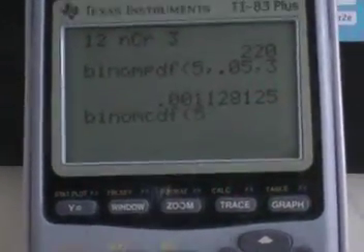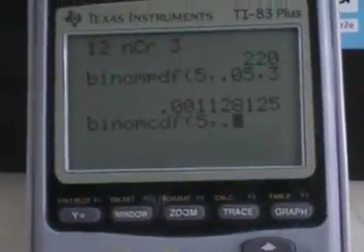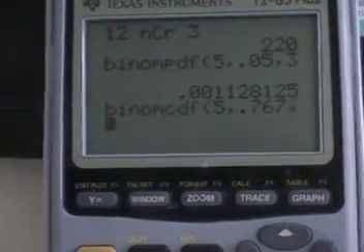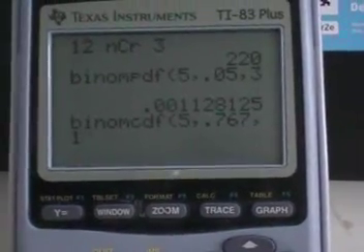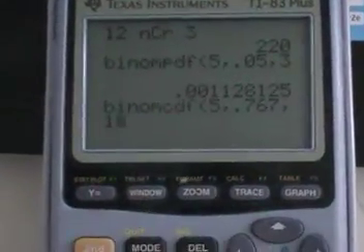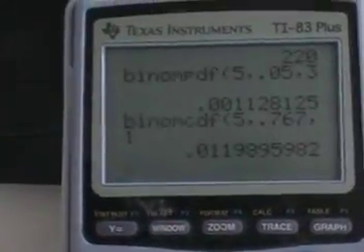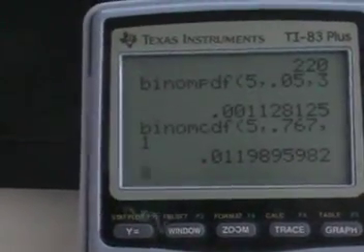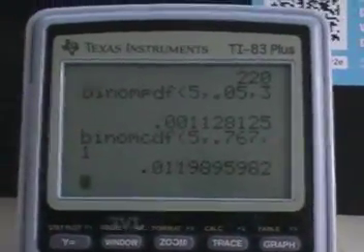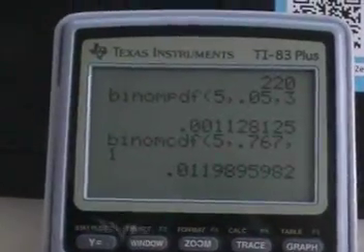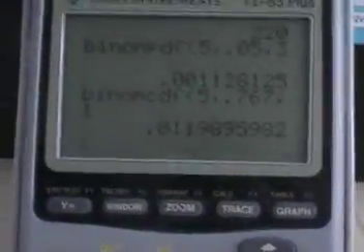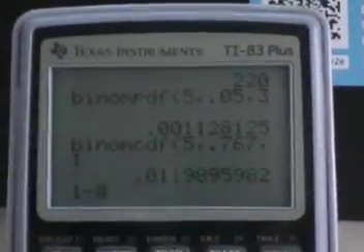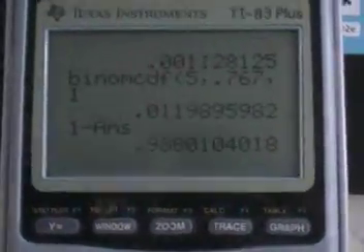I'm going to tell it n is 5, p is 0.767, and if I tell it 1 at the end, with CDF and a 1, this will calculate the probability of getting 1 or 0 headaches. But that's exactly the opposite of what I want. I want 2 through 5, not 1 through 0. So that's where you do the complement. The complement's 1 minus whatever you got, and that'll give you the probability of 2 through 5.